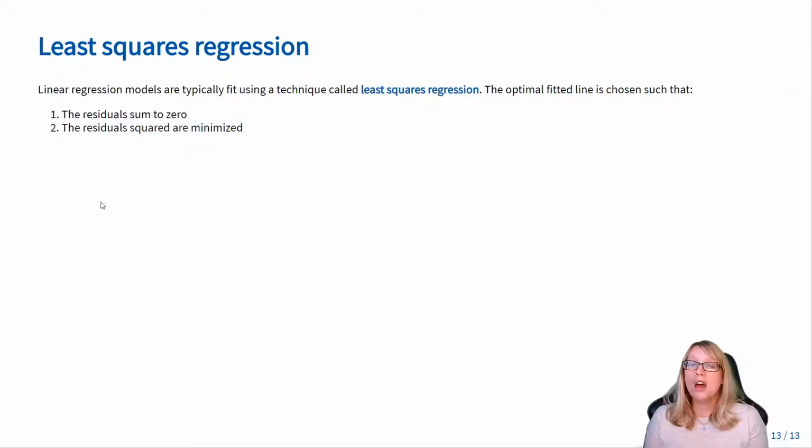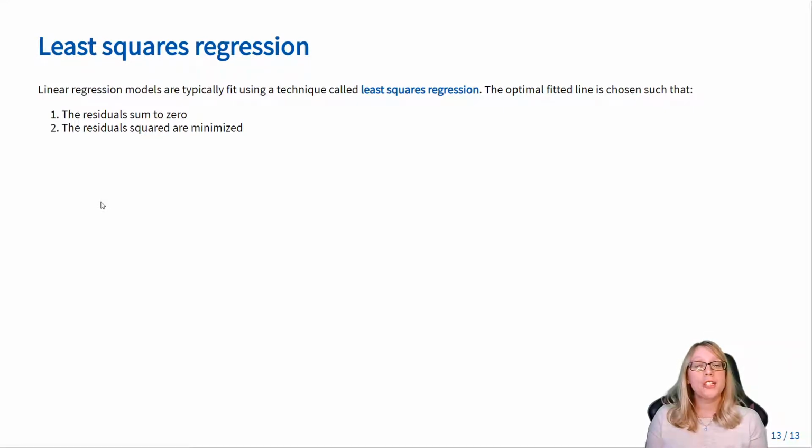The method that we're using to come up with the values for our linear equation, the estimated intercept and the estimated slope, is something called least squares regression. Fundamentally, here is how least squares regression works. It chooses the regression line, or those values for the slope and intercept, so that two criteria are satisfied.